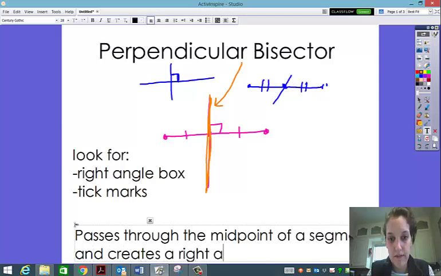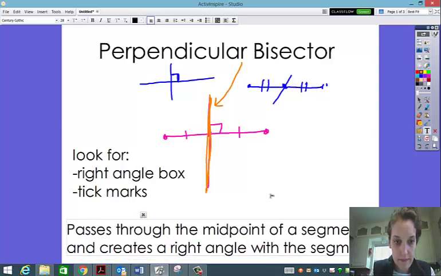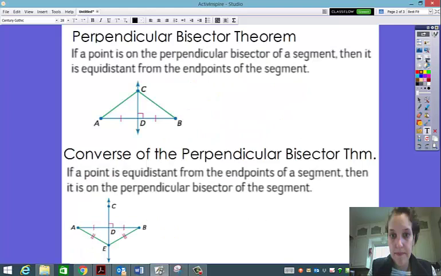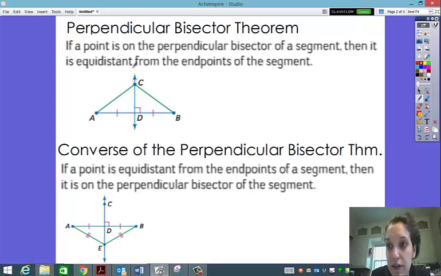Okay, so knowing that we're going to look for a right angle and look for our tick marks, there's a perpendicular bisector theorem. There's something that's true. If you have a point that lies on the perpendicular bisector of a segment, so I'm looking at my situation, I see my right angle box, perpendicular, check. I see my tick marks, that means D is the midpoint of AB.